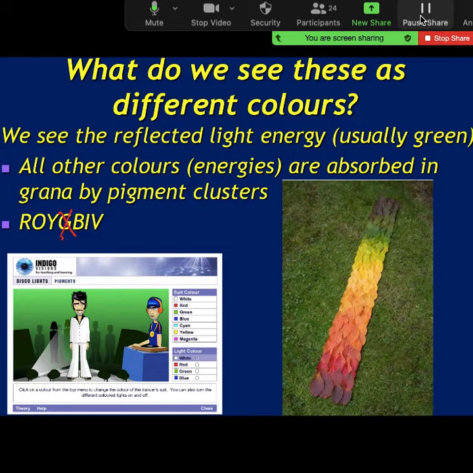So if we had a plant that was this colour, what light do you think would be the best one to shine on it to make it grow faster, as opposed to white light? What would be the worst one to shine on it?